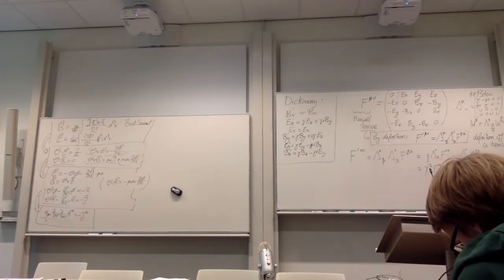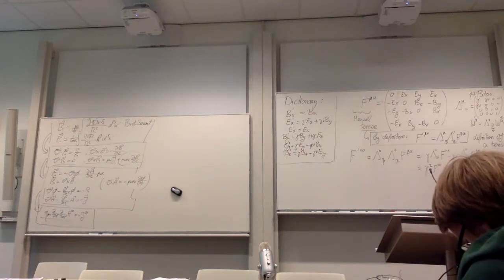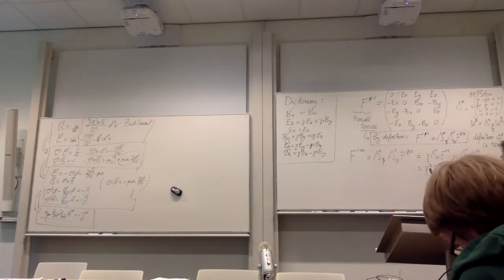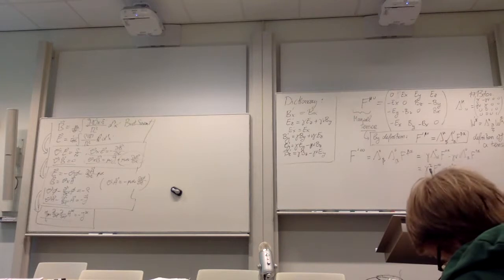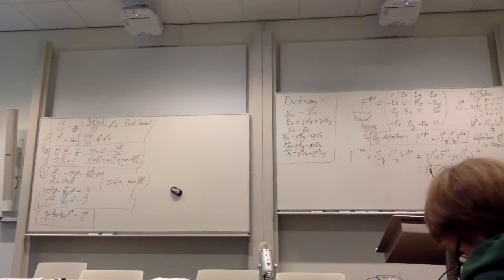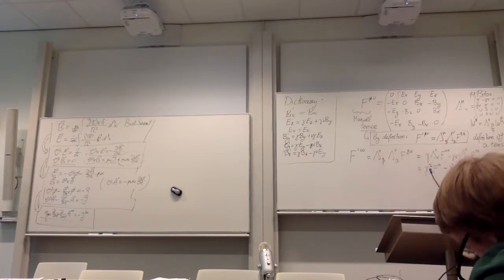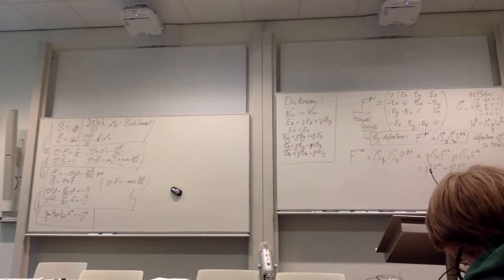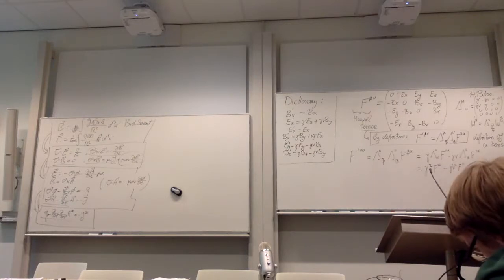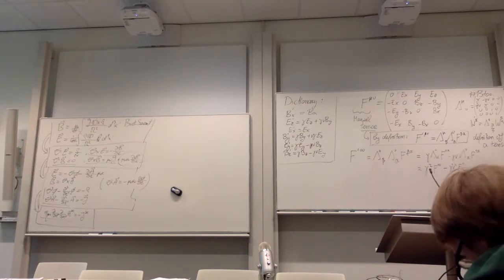Minus gamma v, both come with a square again. Oh, this is wrong. Should be like this. I think this is correct.